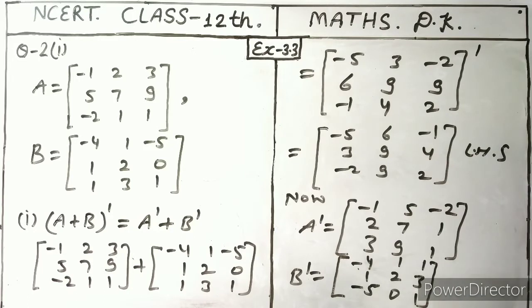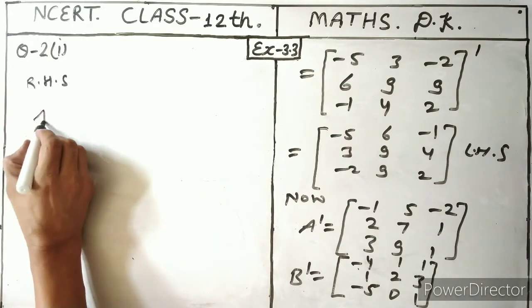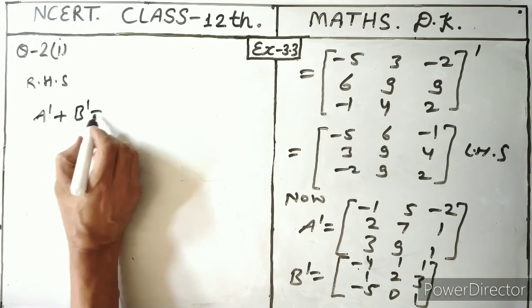This is transpose of B. And in right side, we add both matrices A transpose and B transpose. And right hand side, A transpose plus B transpose.